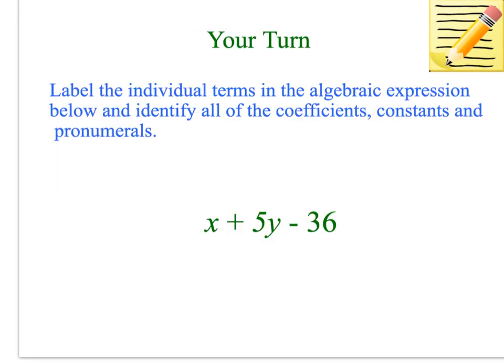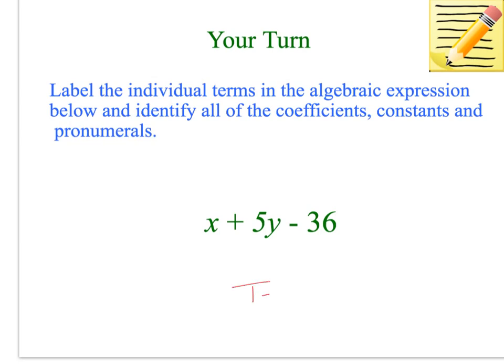Now I want you to label the terms in this algebraic expression and identify the coefficients, constants, and pronumerals. Please pause the video and do that now. Okay, so hopefully you were able to identify the individual terms. There are 3 terms.